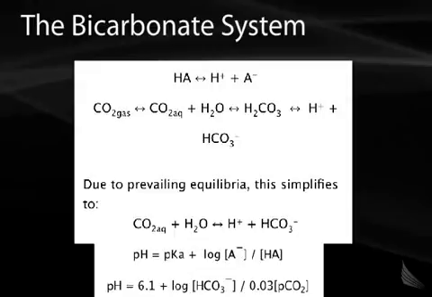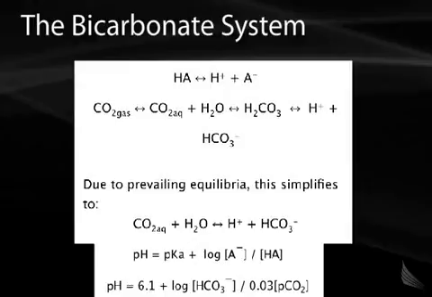Due to the prevailing equilibrium and the activity of carbonic anhydrase, this simplifies to carbon dioxide dissolved in blood, or the aqueous component, plus water equilibrates to free hydrogen concentration and free bicarbonate. Using this equation and the previous Henderson-Hasselbalch equation, we can predict how changes in bicarbonate concentration or changes in carbon dioxide concentration will affect pH.